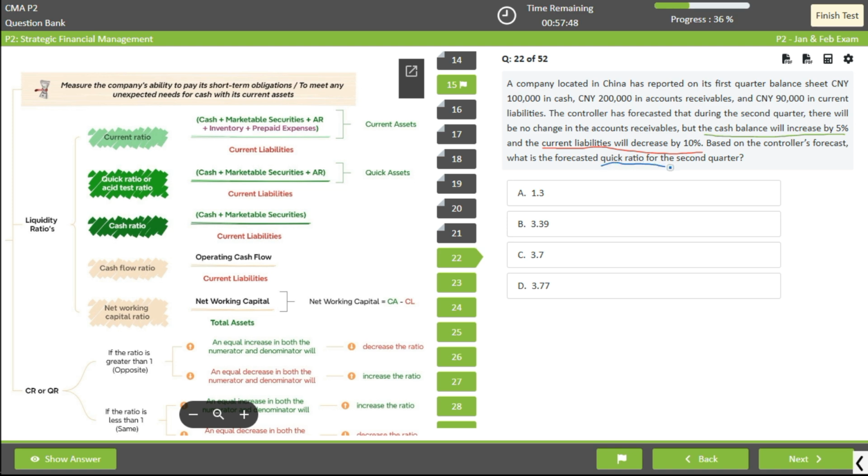Based on the controller's forecast, what is the forecasted quick ratio for the second quarter? So what items do we have? We have cash. Let us mark quarter 1 and quarter 2.